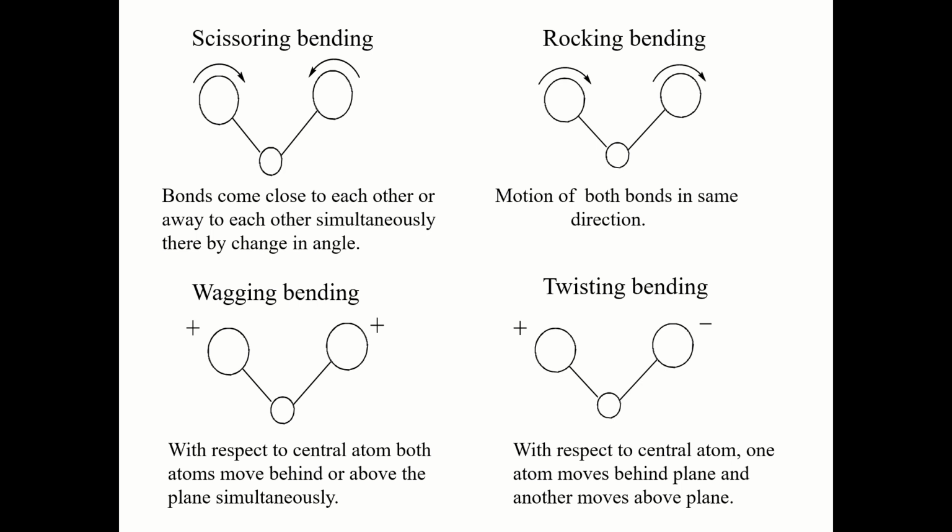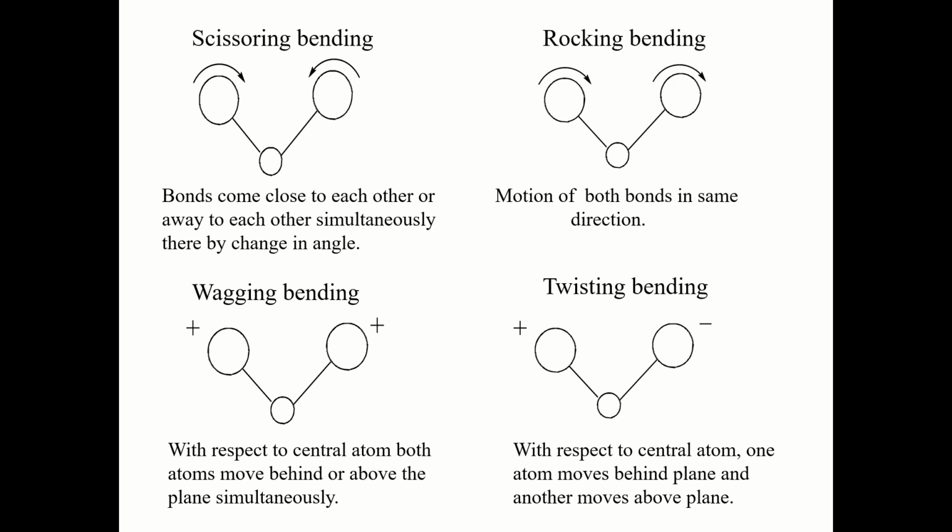Scissoring means scissor-like motion. Bonds come close to each other or move away from each other simultaneously, thereby changing the angle. Second, rocking means both atoms move in the same direction, that is, motion of both bonds in the same direction.